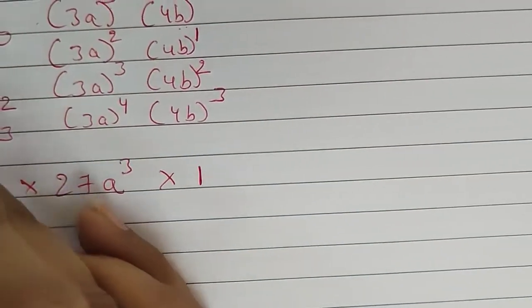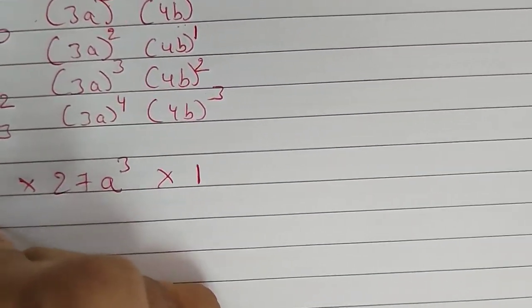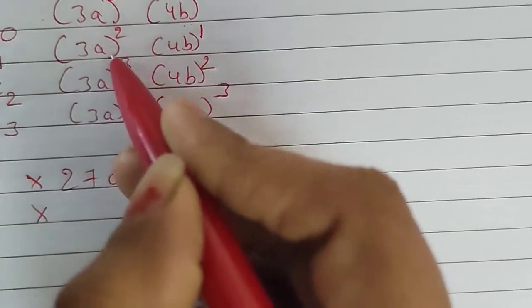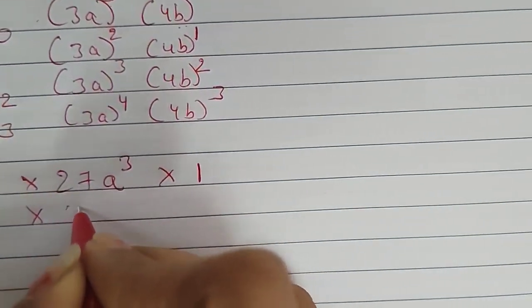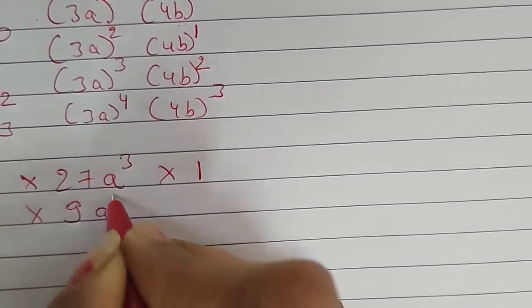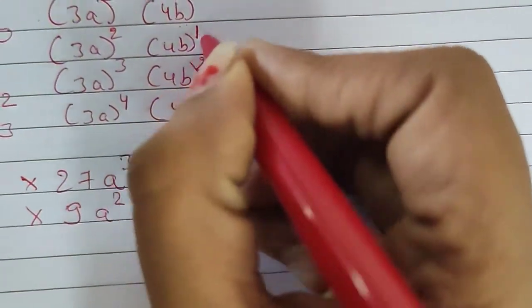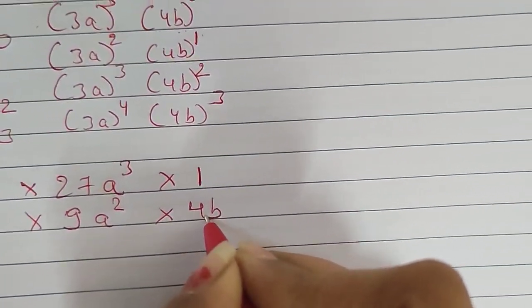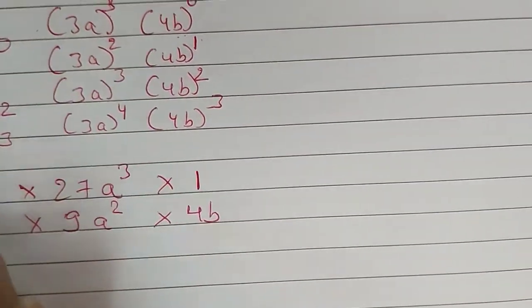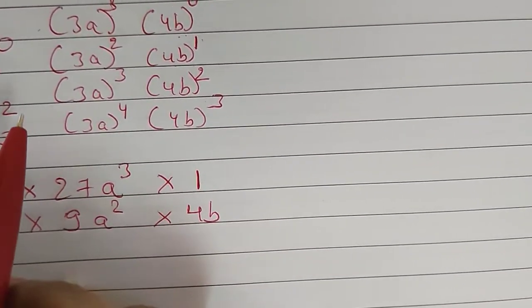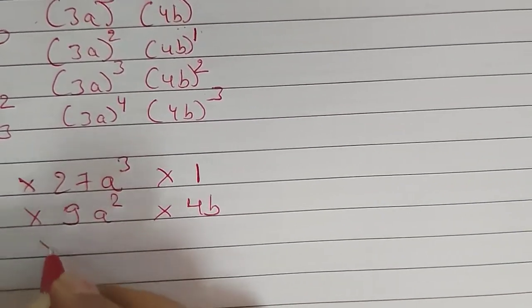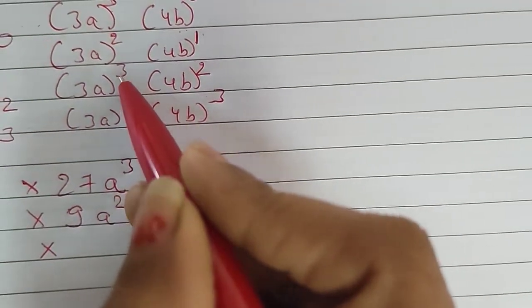Plus 3C1 is 3, into 3a raised to 2. So 3 into 3, that is 9a square, into 4b raised to 1. So 4b. Plus 3C2. So 3C2 again is 3, into 3a raised to 1.